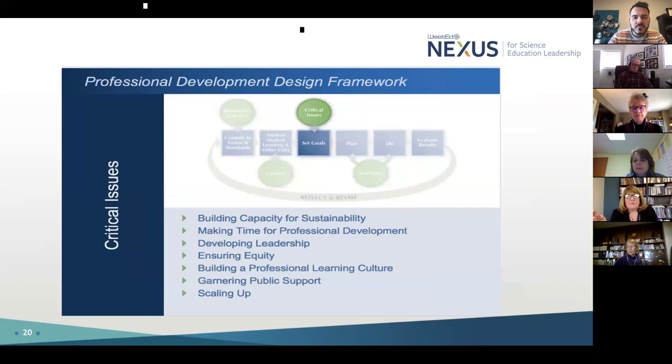And so these were the issues that we identified as ones that, as Susan Alex Horsley said, ignore them at your peril. If we develop a beautiful, elegant implementation of NGSS in one place, and we've invested all of this time, and we don't address how we're going to sustain it and build the capacity for sustainability, then we have little chance of seeing it continue.